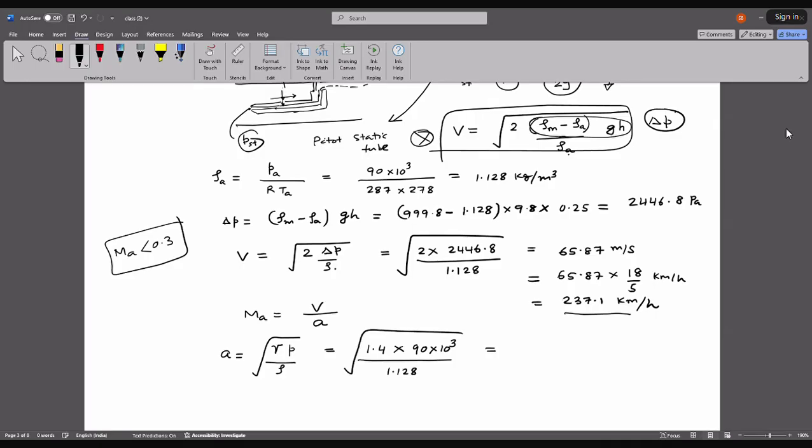So the speed of sound in that condition is 334.2 meter per second. So the Mach number is 65.87 divided by 334.2, which comes to be 0.197. So it is indeed less than 0.3, so that is incompressible flow. That means whatever we have calculated, the velocity of the aircraft, is actually correct.